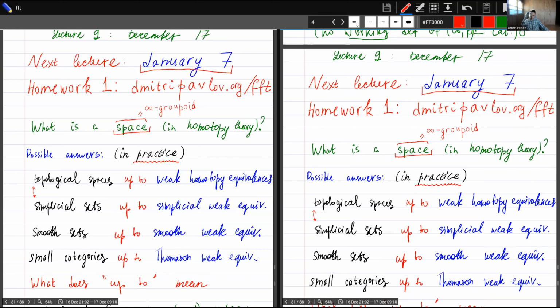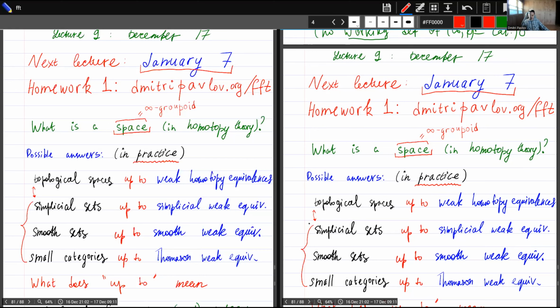And here I listed some other answers, all of which were chosen for practical reasons. In fact, in our lectures to talk about functorial field theories, we will need all 3 of these.